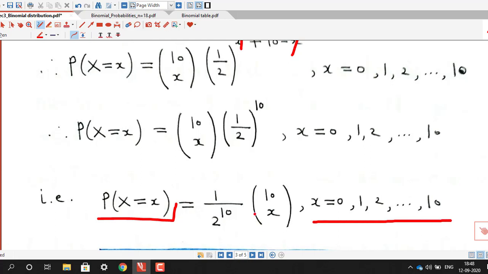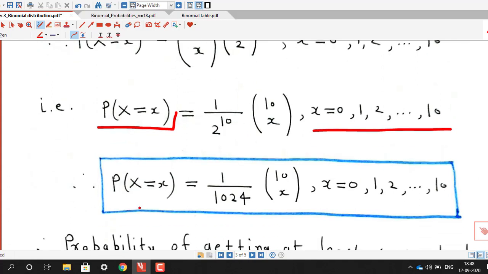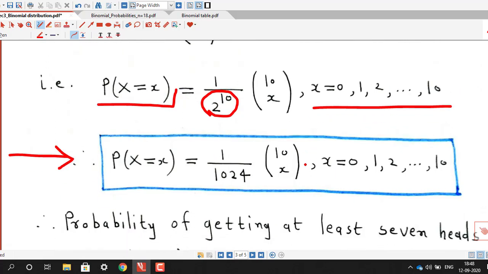X can take the values 0, 1, 2 up to 10. And 2 raised to 10 is nothing but 1024. Okay, so finally we obtain this formula for the probability mass function for a given random variable.